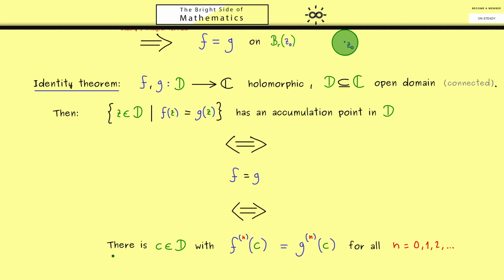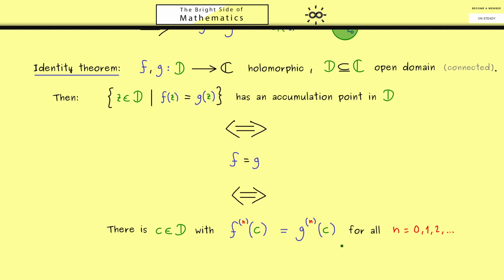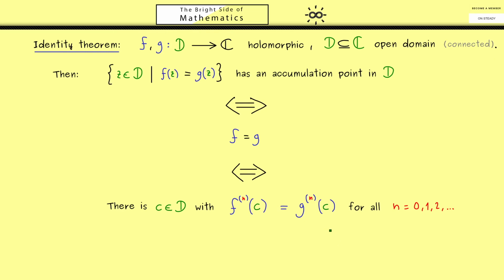So you see, this here means if you consider the Taylor expansion, the power series expansion of both functions, they coincide at this given point. Hence, you also already know they coincide in a neighborhood around this point. And indeed, this is also enough to conclude that f is actually equal to g. Okay, and now this whole thing here is what we call the identity theorem of complex analysis.